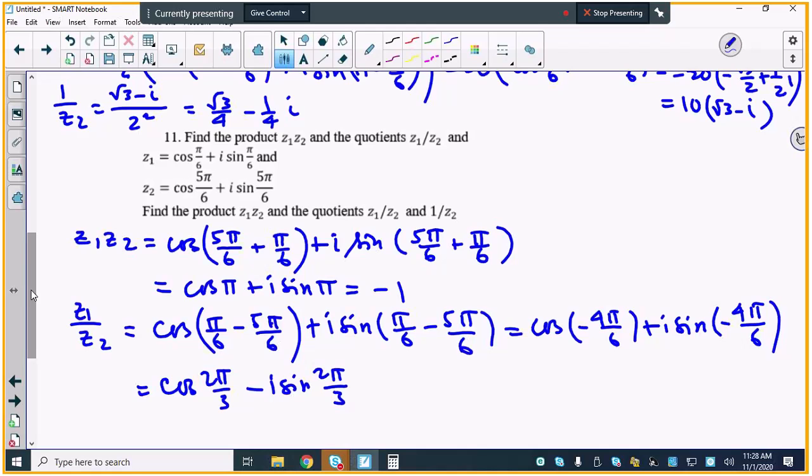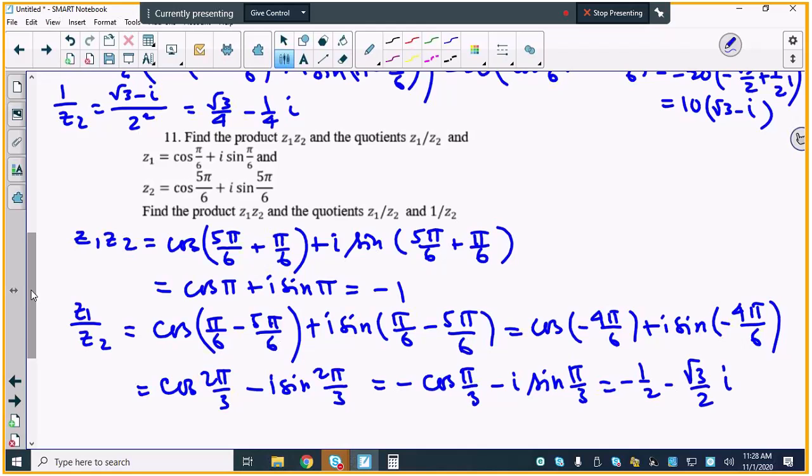As I said, 2 pi over 3 is in the second quadrant, cosine negative, sine positive, and the reference angle is pi over 3. So I would say that this is minus cosine pi over 3 minus i sine pi over 3. Cosine pi over 3 is 1/2, so minus 1/2 minus sine pi over 3, square root of 3 over 2 i.